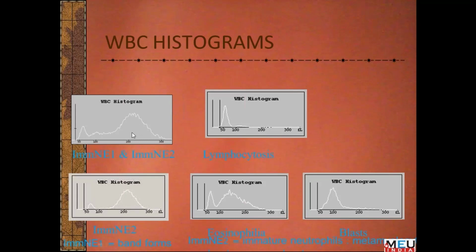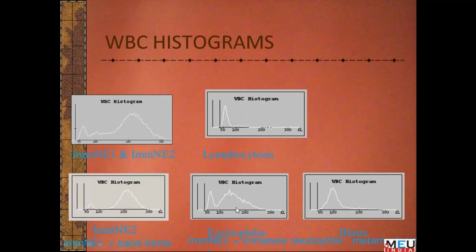In the first one you see that on the extreme right there is an increase, when there is a lot of waviness. This is immature neutrophils. In case of lymphocytosis there is a peak on the extreme left, and when there are band forms in neutrophils, again there is a peak on the extreme right.